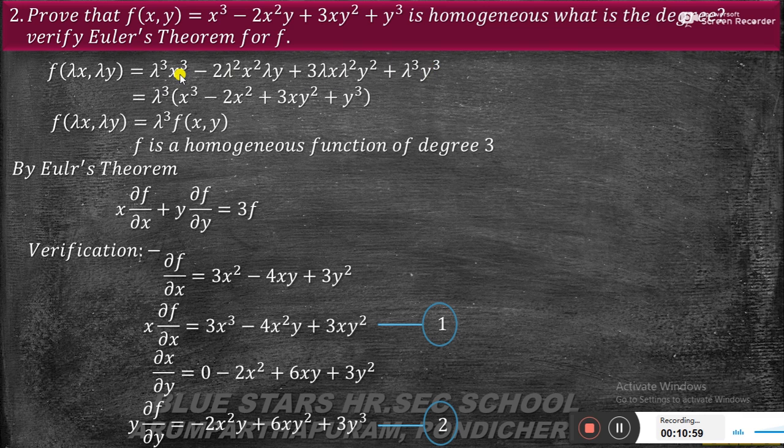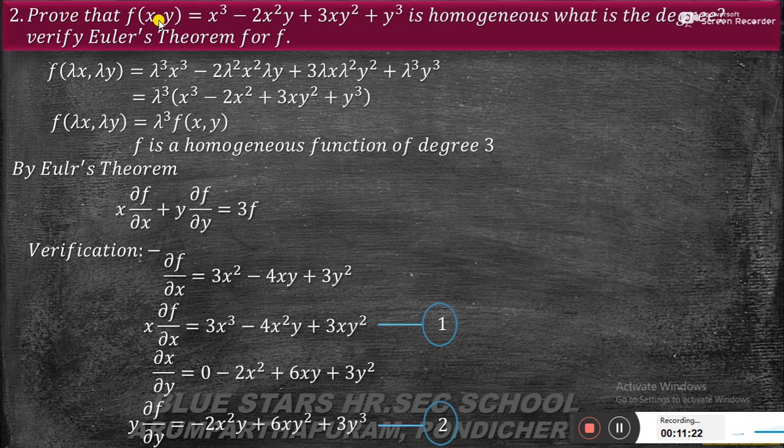You see all the terms have λ³ common, so I take it outside. So λ³ into the remaining terms: x³ − 2x²y + 3xy² + y³. So this is λ³ times the given function.